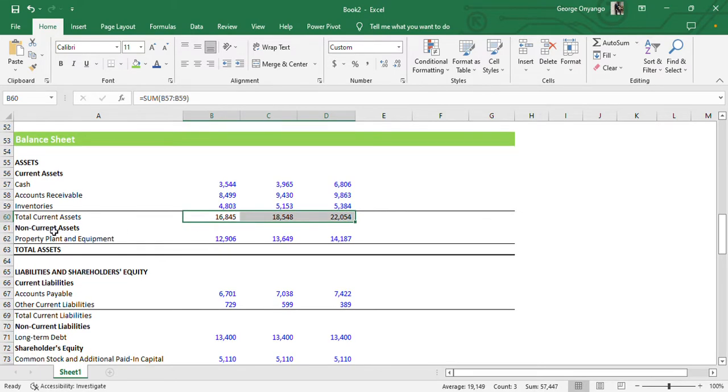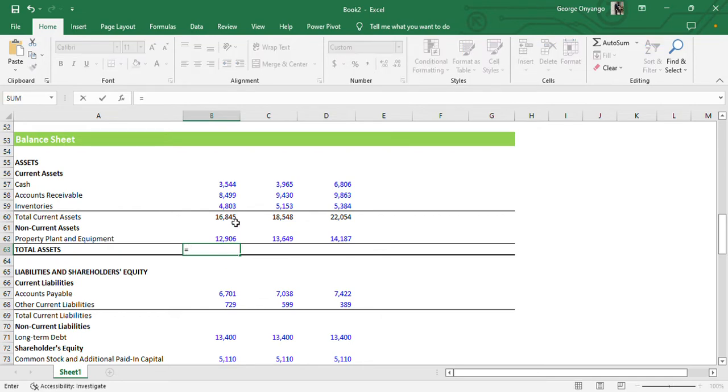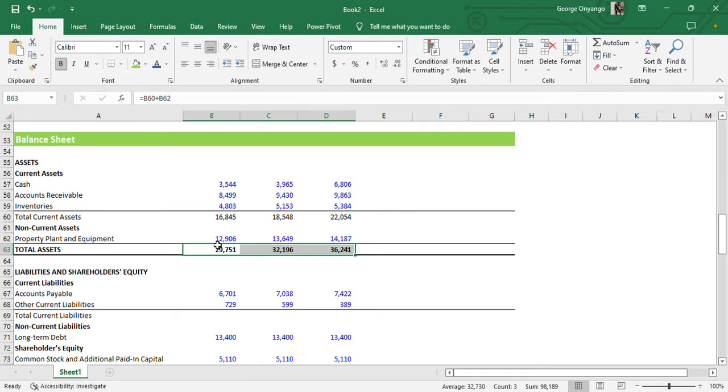We are going to be able to get the current assets. Then non-current assets, we have the property, plants, and equipment. And now the total assets is going to be the sum of total current assets plus plant, property, and equipment. So that is going to give us the total assets of that particular company.